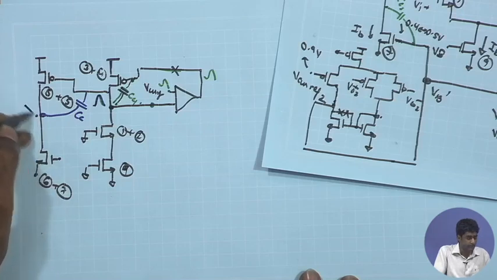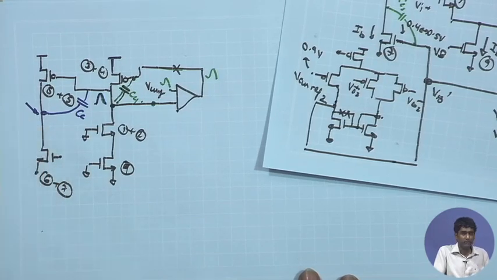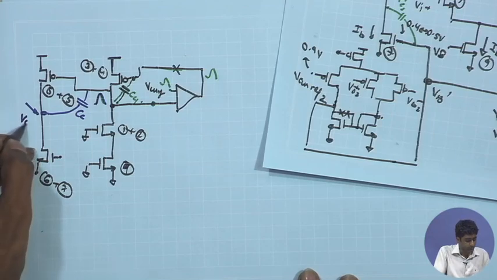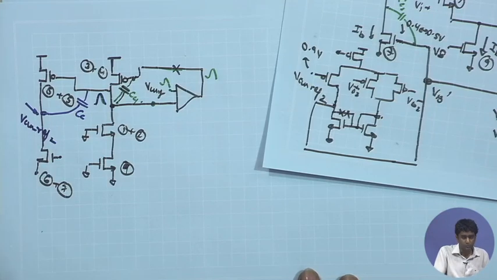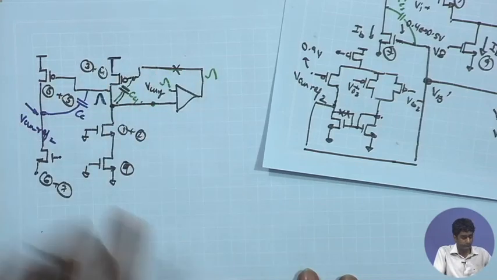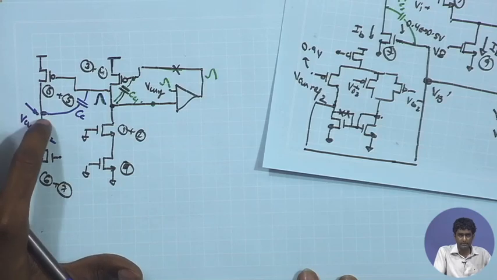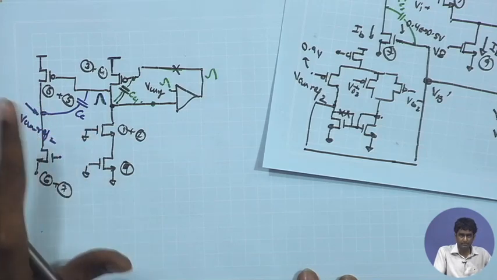It will remain constant, equal to the common mode reference value provided for the second stage. So this remains equal to VCM ref 2 because it is dictated by the second common mode feedback loop. So by analyzing the first common mode feedback loop, I can assume safely that this point is going to remain constant at VCM ref 2.